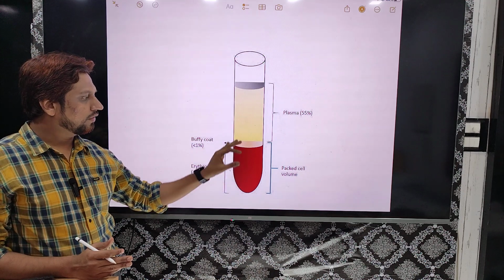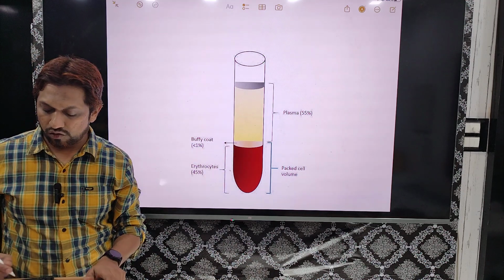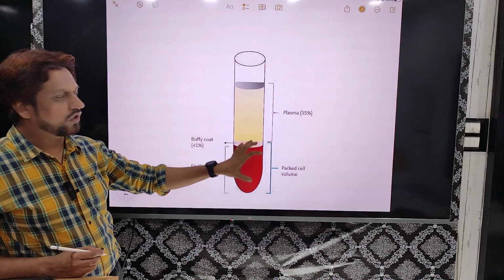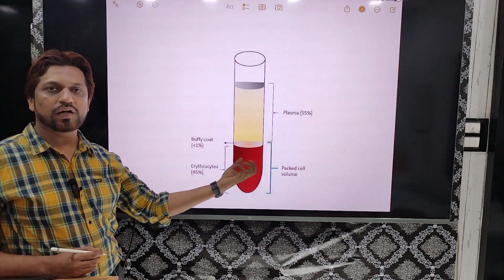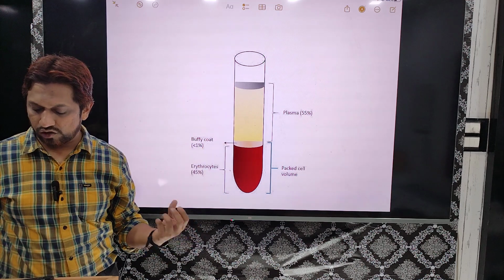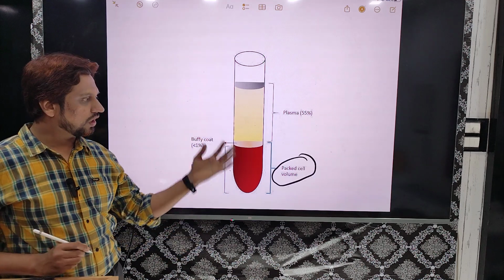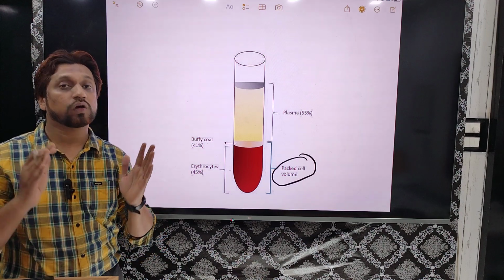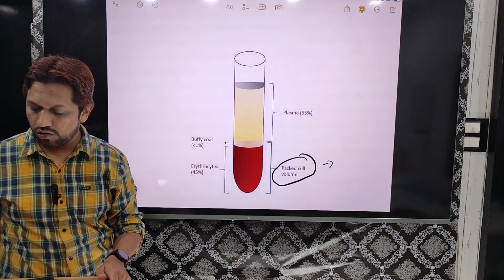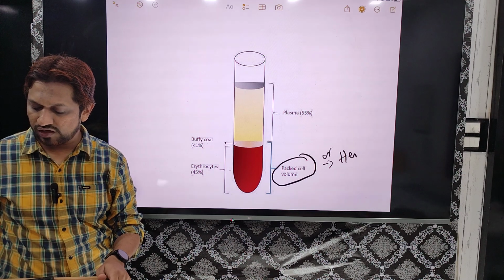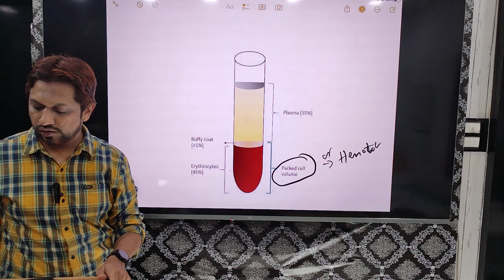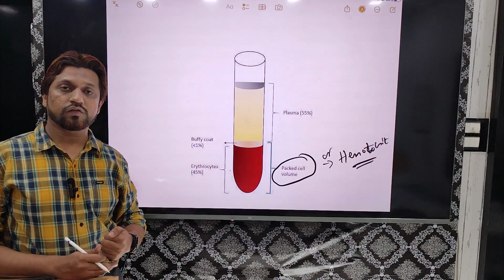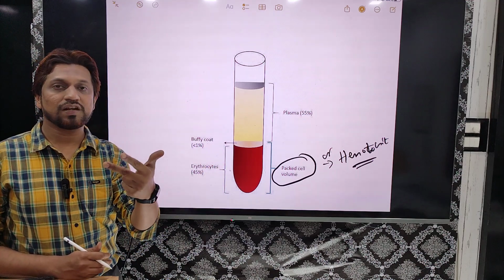Normally the cellular component constitutes around 45% of the total volume of the blood in the test tube. That 45% cellular component is simply known as packed cell volume. It is also known as hematocrit. So packed cell volume or hematocrit, both are the same. It is nothing but the total cellular components. Now the cellular components of the blood are RBCs, WBCs and platelets.